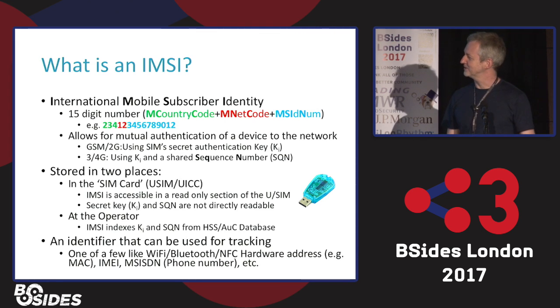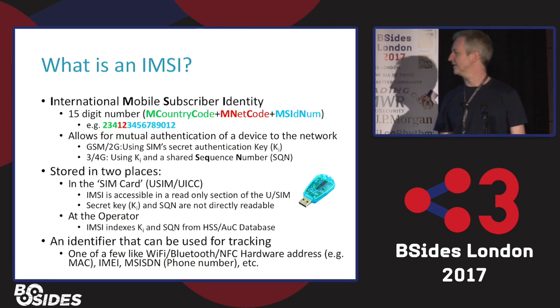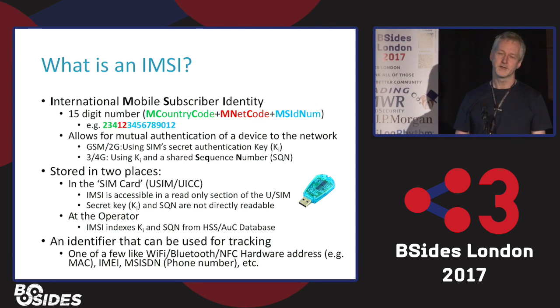And it's also an identifier that's been well known for its use in tracking across the world. But then there's a bunch of others as well that are part of your phone, like the Wi-Fi, Bluetooth and NFC hardware addresses, like the MAC address. And then you've got the IMEI, International Mobile Equipment Identifier, which uniquely identifies the actual phone hardware itself.